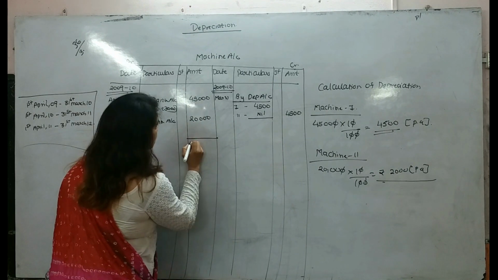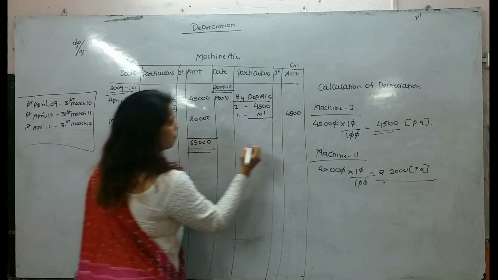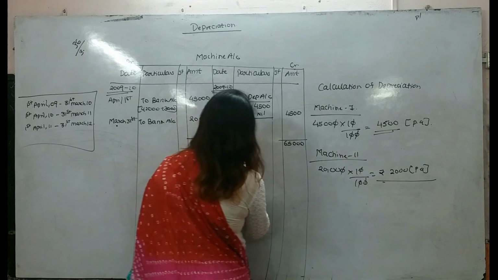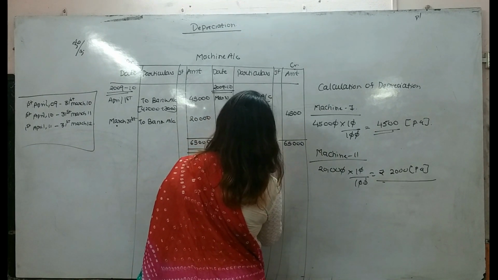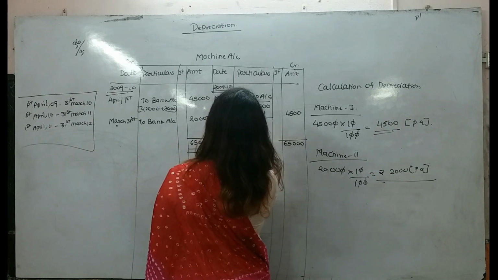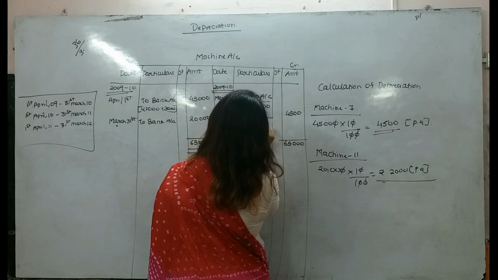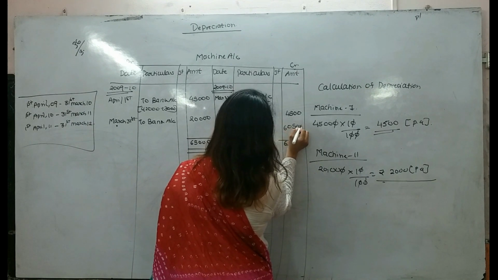Now here students, pay attention. 65,000. So on March 31st, the value of the asset will become 60,500.